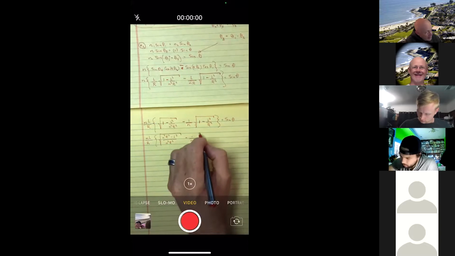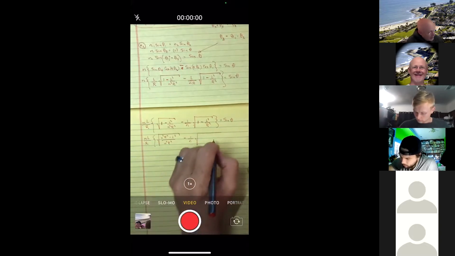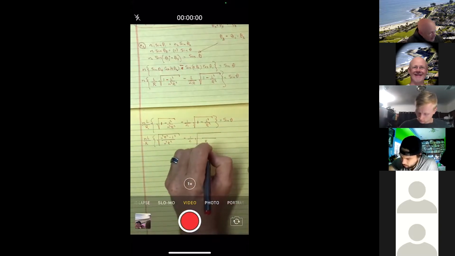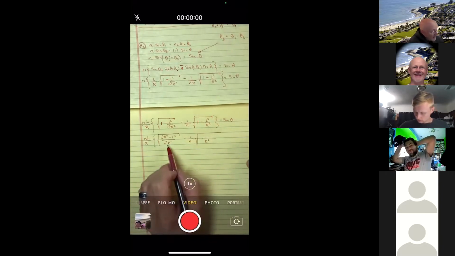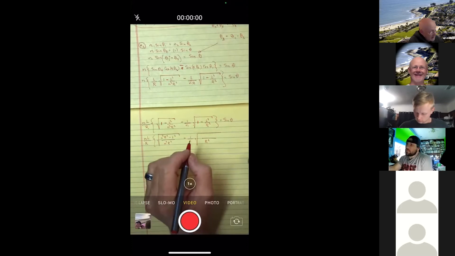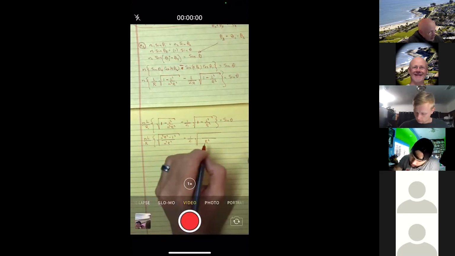And the other square root would have a common denominator of just R squared. Oh, yeah, that's okay. I like this. Which would then make an R squared minus an L squared.